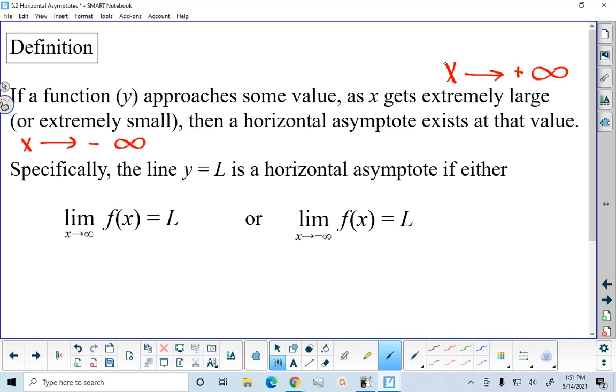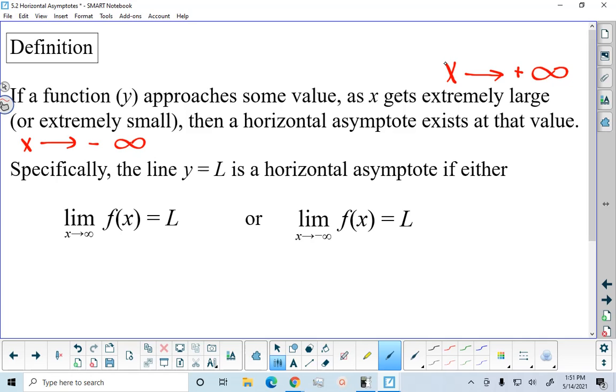I'm not talking about it approaching 0. If y starts getting closer and closer to some particular value as x takes off to the right or to the left, then there's a horizontal asymptote at that location.